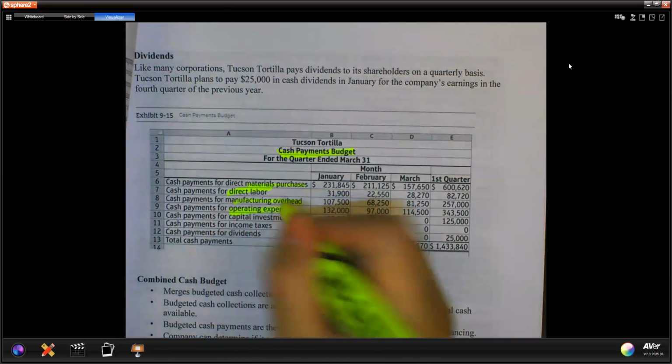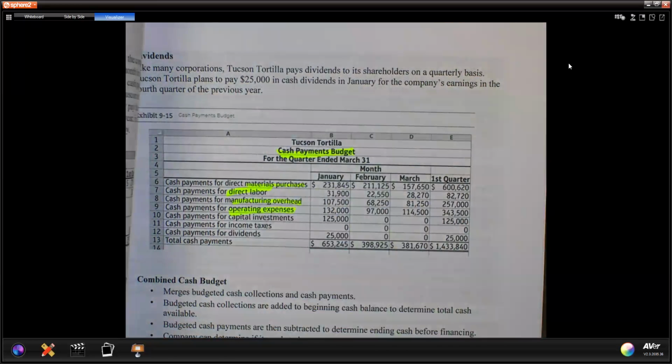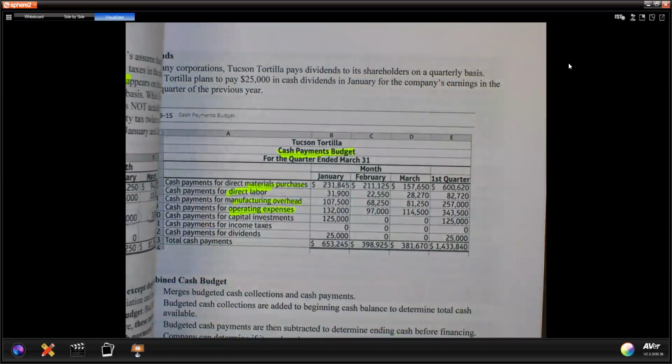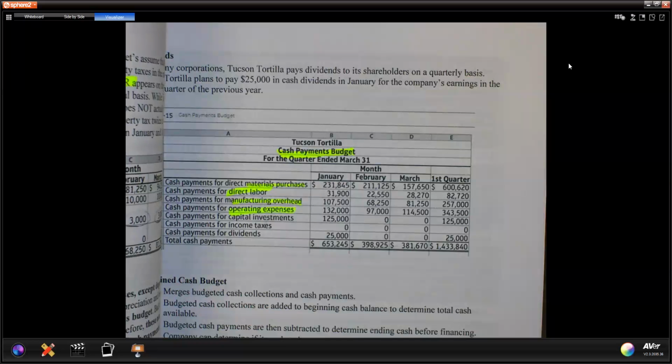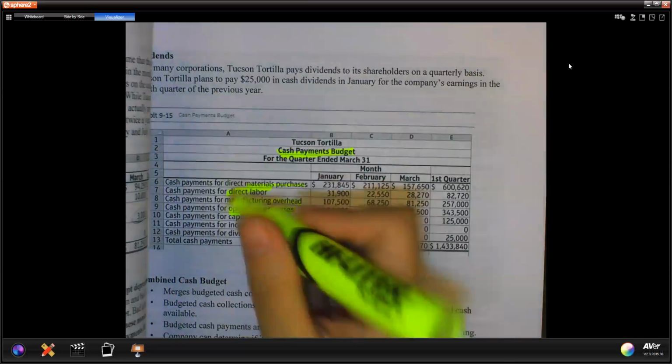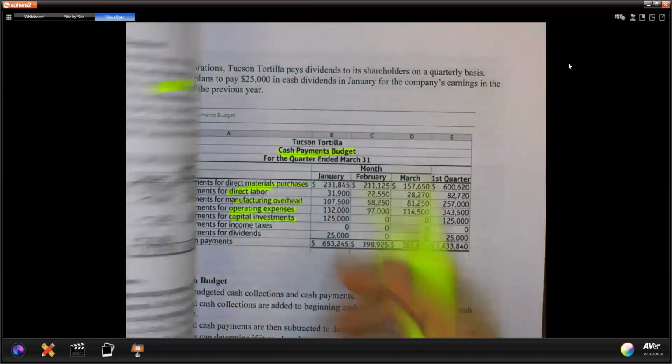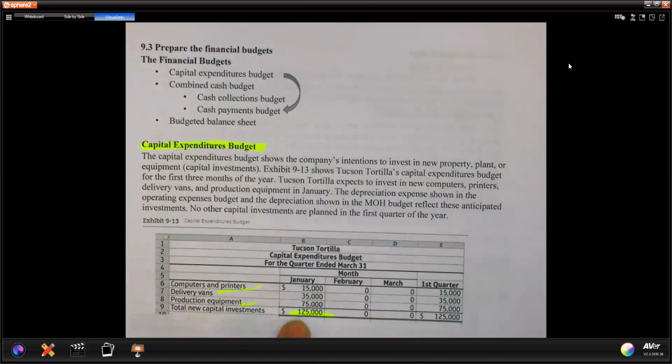You have the operating expense cash payment adjusted from the expense. You adjust for the non-cash part, which is depreciation expense and bad debt expense. Capital investment, you got this number from your capital expenditure. In January, you will spend 125,000 to buy long-term assets.